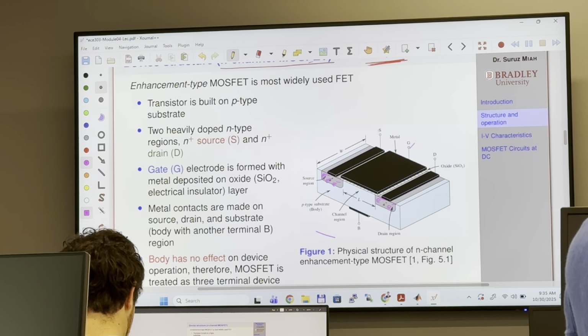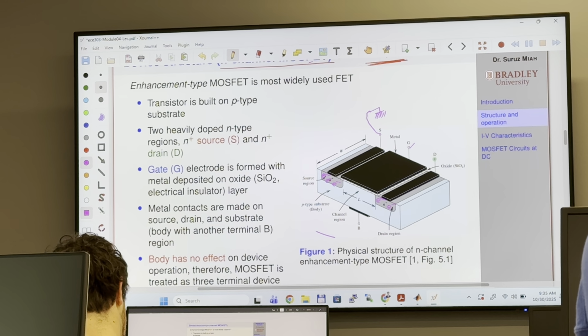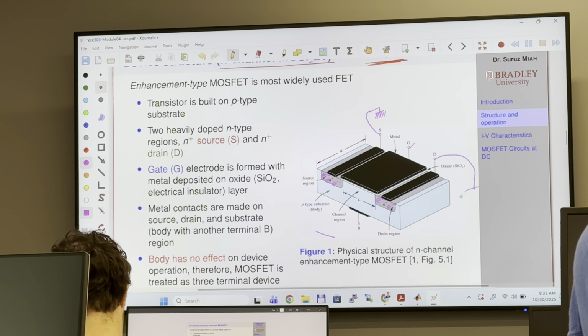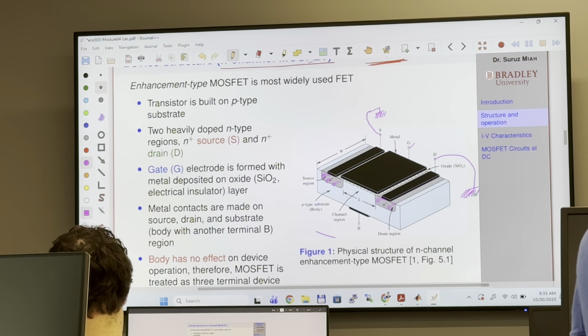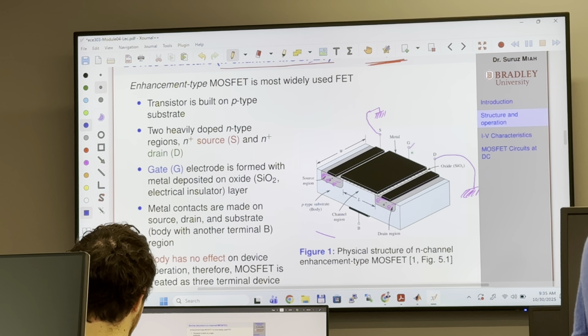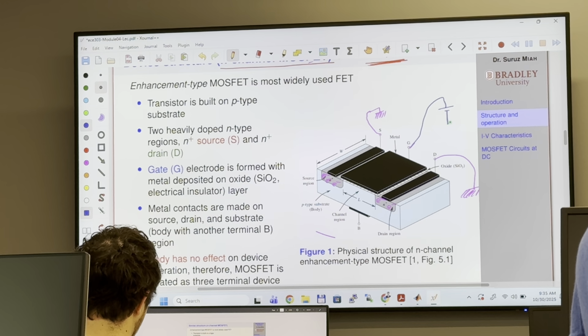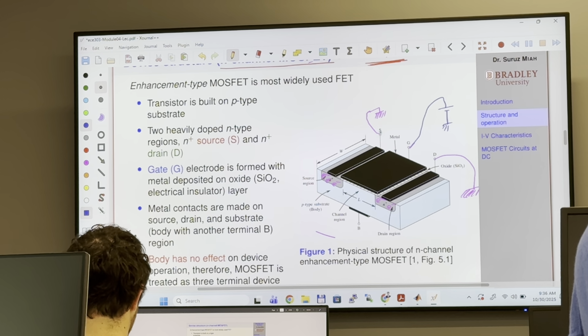Now, let's say I connect the source to ground and the drain to ground. Please pay attention and see how this device works. Now I'm going to apply some voltage right here, with respect to the source.